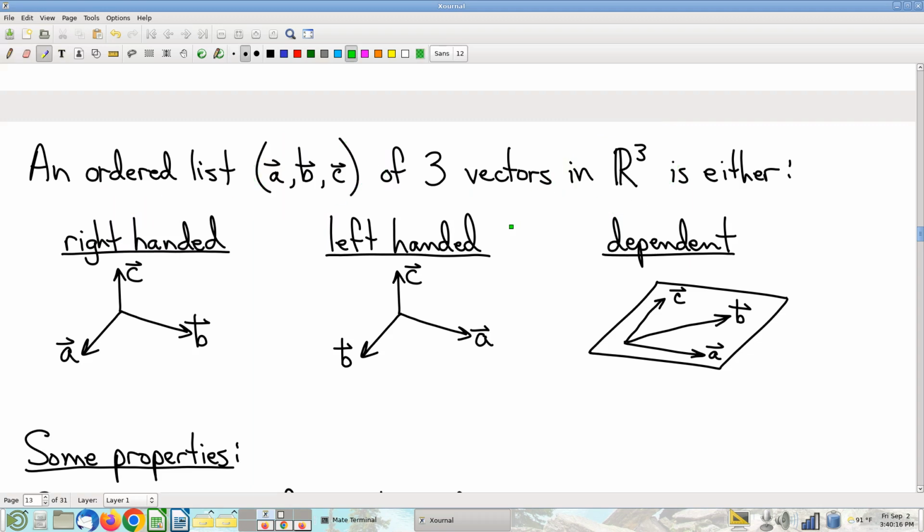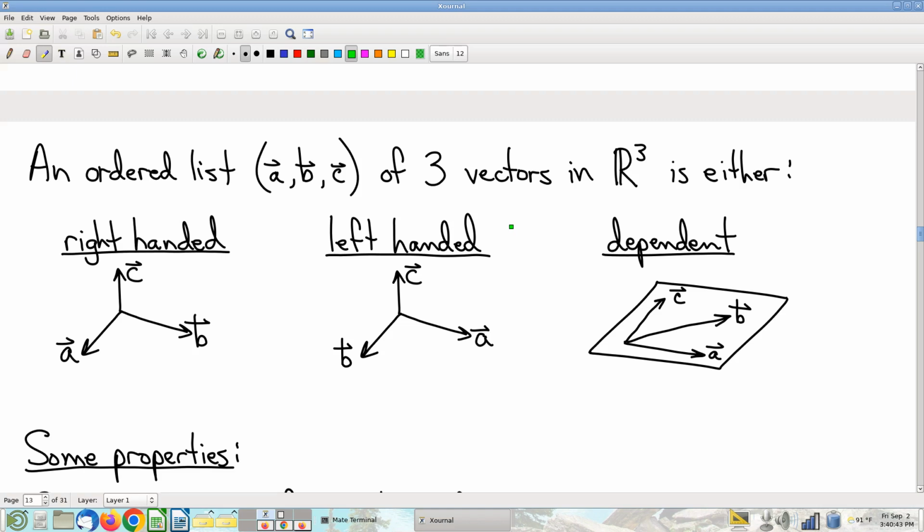I want to be able to give a name to something fundamentally geometric about this order itself. Not the 3 vectors as a set, but the order that I have them written down. What's the analog of clockwise, counterclockwise?